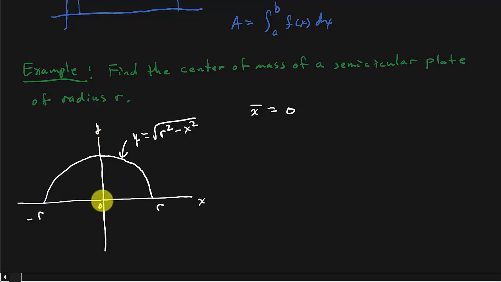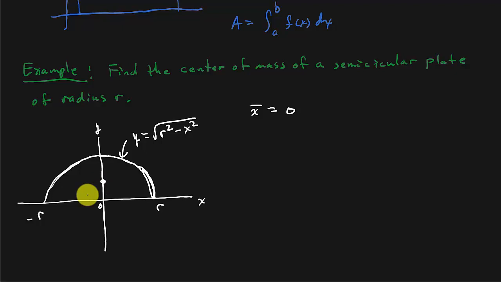So I know my point is going to be somewhere right here. It's not going to be to the left or to the right. I know it doesn't look like I have it drawn like that, but this thing's the same. So we know x bar is 0. Okay, you can verify that, but we don't need to.